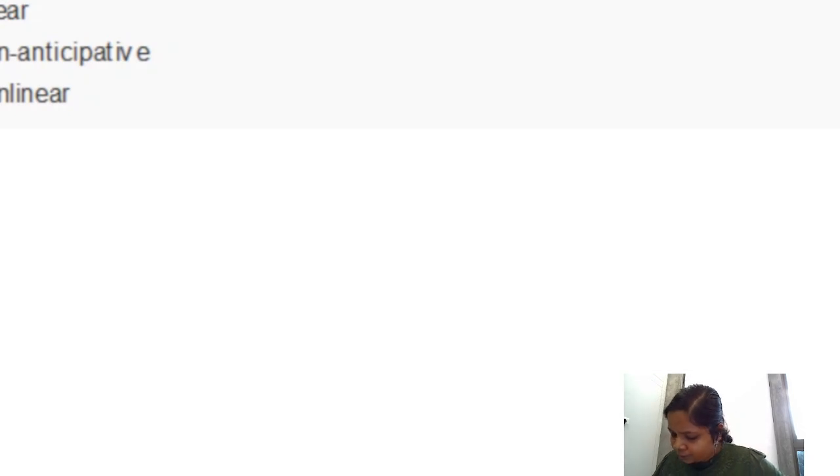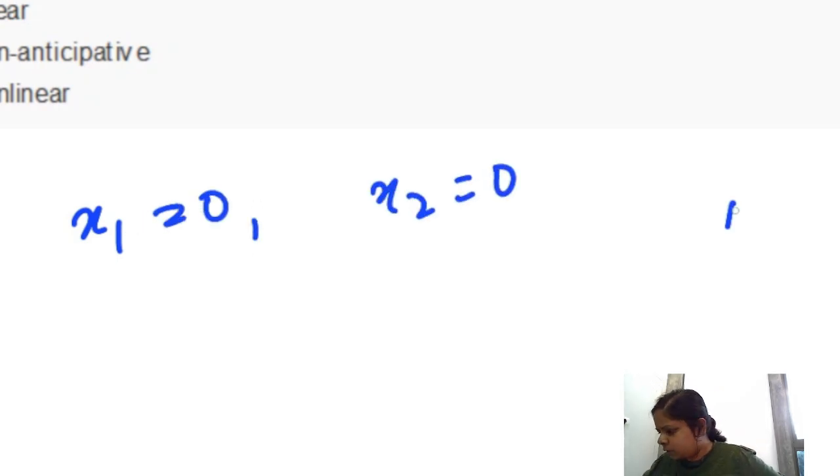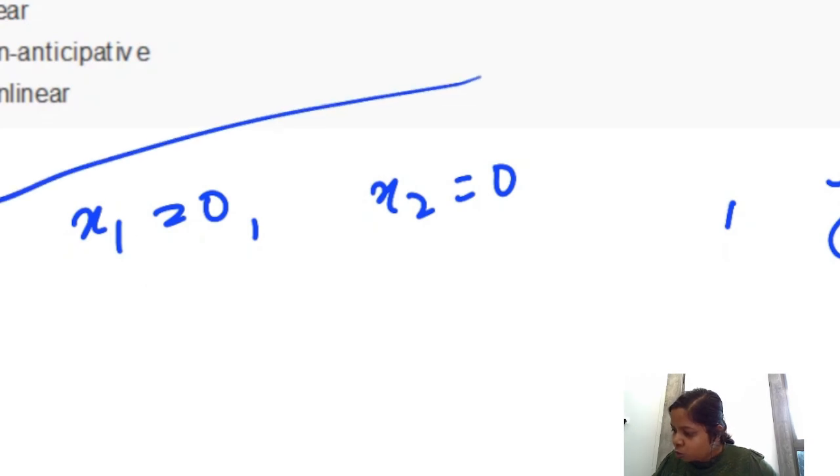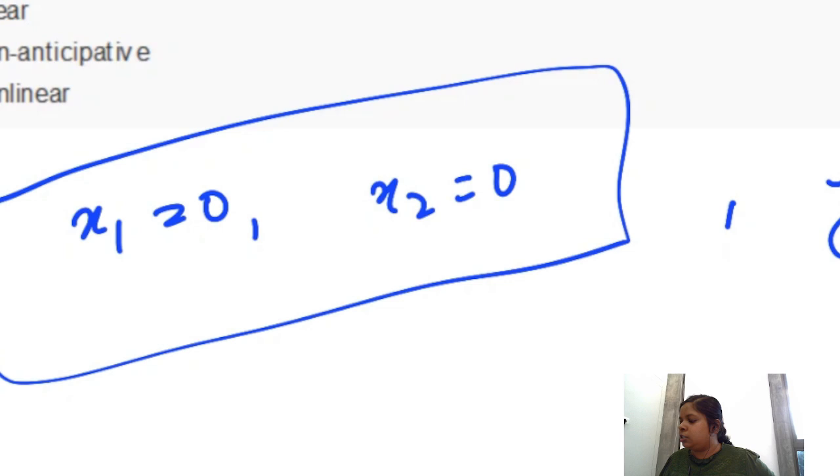For an anticipatory system, let's say all the inputs are zero, you do not have any input, and the output is some non-zero quantity, let's say C. That means when you do not even have any input to the system, you are getting some output.